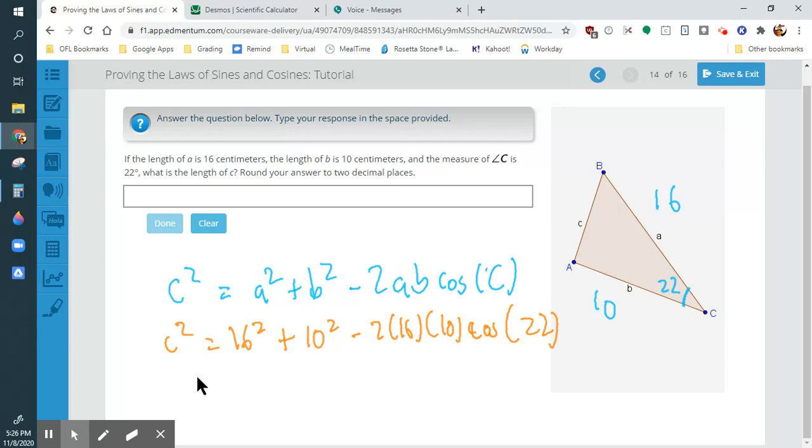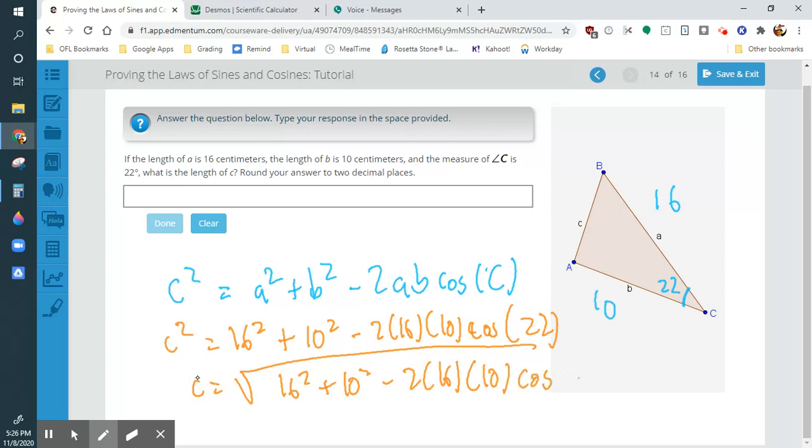Keep in mind, since we're solving for C squared, you want to do C is the square root of all of this. As long as you're using Desmos, you should be fine. Using a standard calculator, you have to really watch your parentheses, and you can always ask me how to do the parentheses for that.